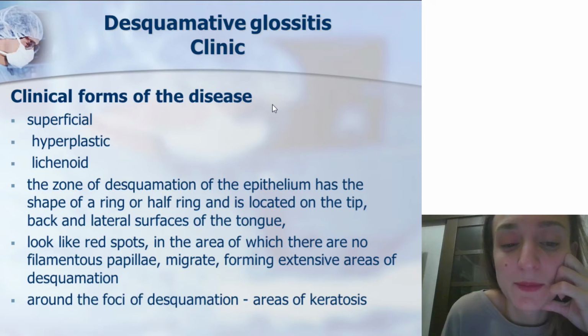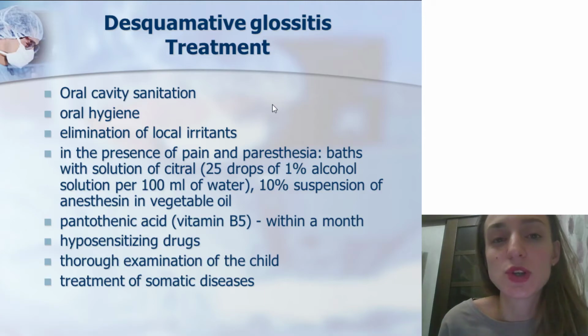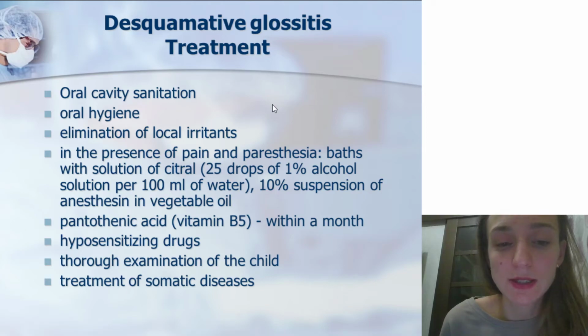So you should know that we don't have a specific treatment for desquamative glossitis, and children with this illness need oral cavity sanation, and local irritants have to be avoided.